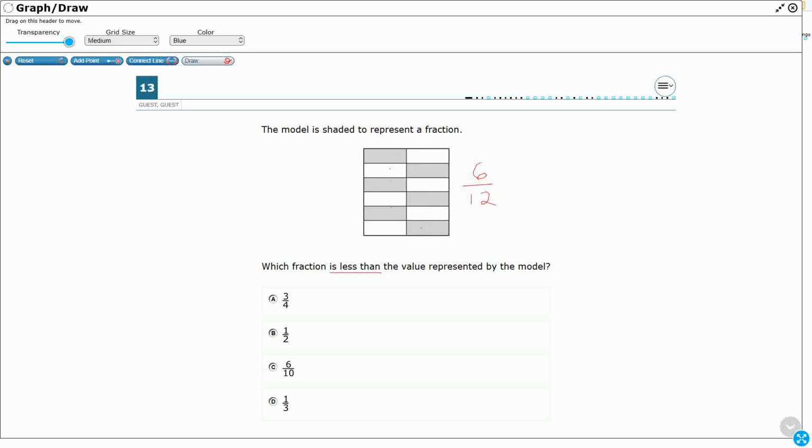Now, what's going to help us here is we could just leave it at 6/12, and we could change all of these into twelfths, and then we could compare. But take a look at this.